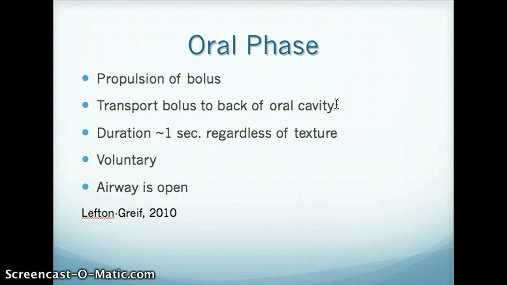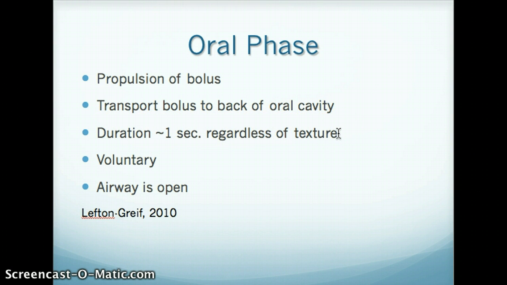During mastication, the tongue base is elevated at the back, but during this stage it drops down and pulls back. In the oral phase, mastication stops, so the chewing stops, and the anterior tongue lifts up to the hard palate and squeezes the bolus back toward the faucial pillars. This typically takes about 1 second.